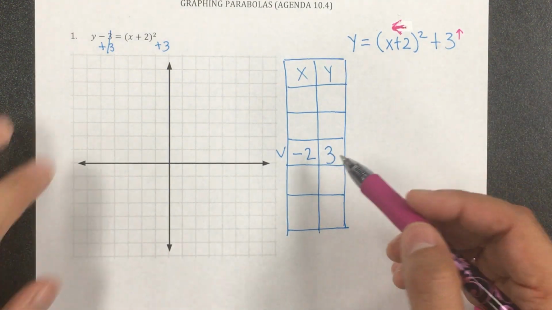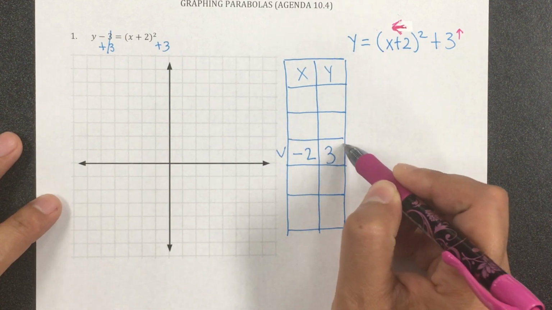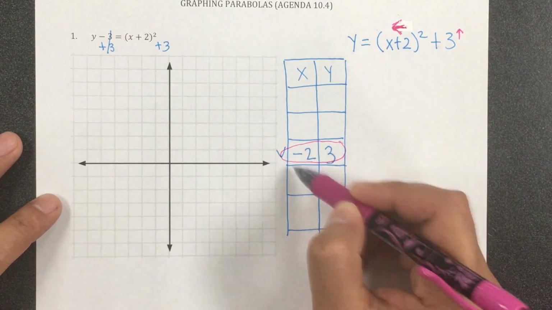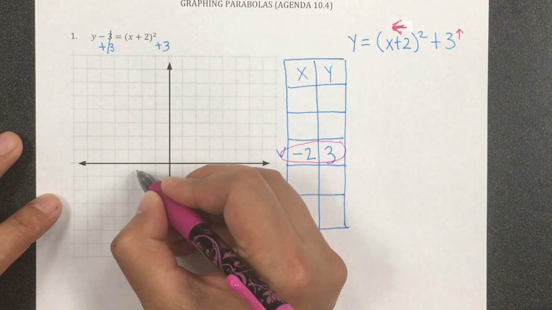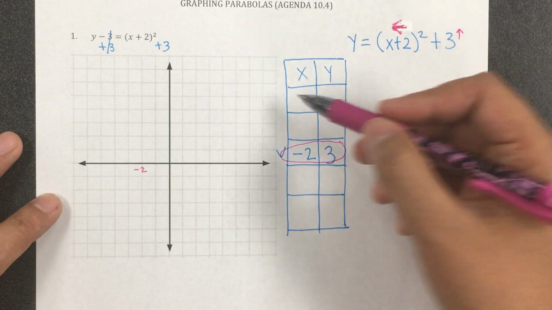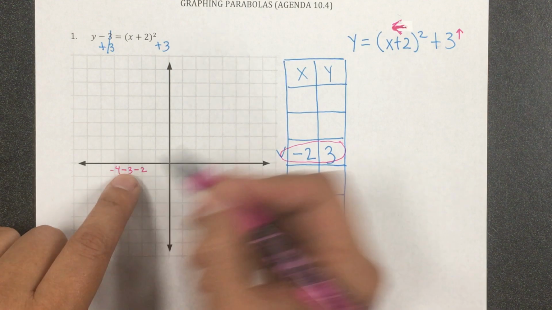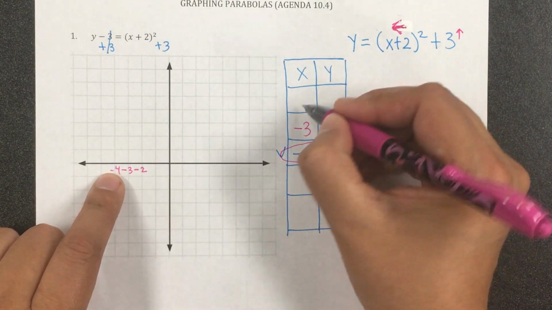Having now the vertex, that's going to be our first point. For that vertex, I want you to look at the value of x, which is -2 right there. To figure out these numbers for x, we're going to choose 2 to the left, meaning -3 and -4.